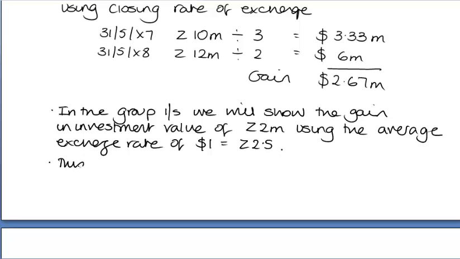This gives a gain of $0.8 million, because it's 2 million divided by 2.5.